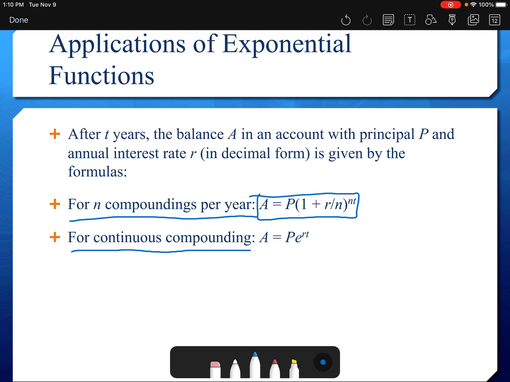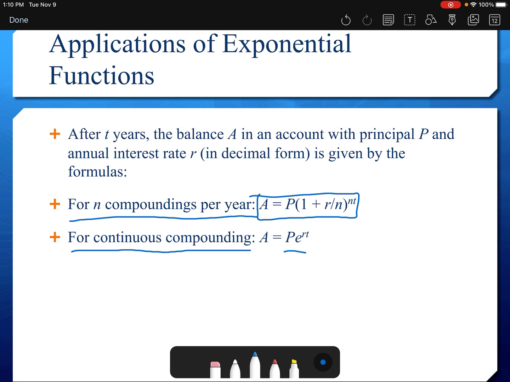A is the amount of money in an account. P is our principal. That's what we invest. That's the money we put in. R is our annual interest rate. That's in decimals. And n is the number of times we compound it in a year. t is the time in years.